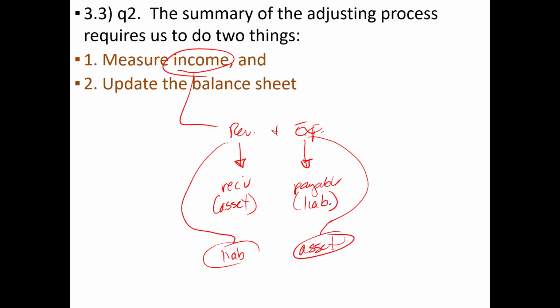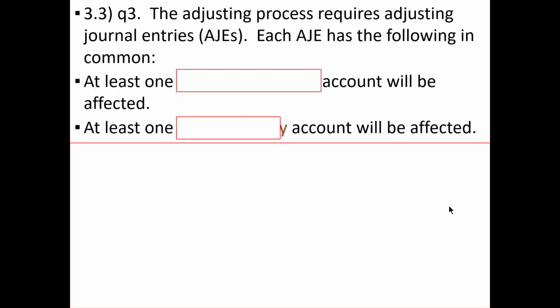So it's not just limited to one type of asset account for revenue or one type of liability account for expenses. There are a host of things. The key things to remember are we have to update income somehow, and that's going to require us to look at revenues and expenses. When we do the updates for revenues and expenses, we will ultimately affect the balance sheet accounts.